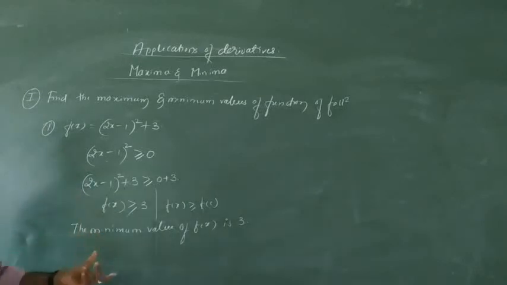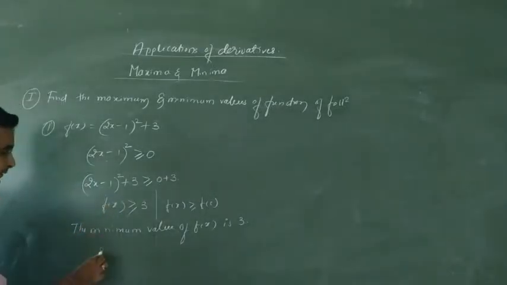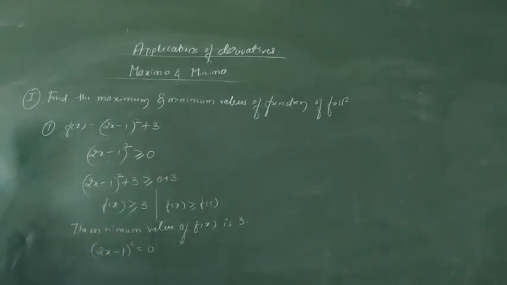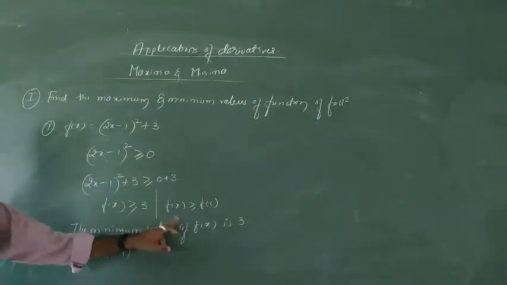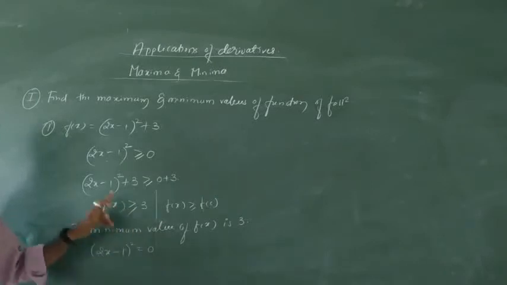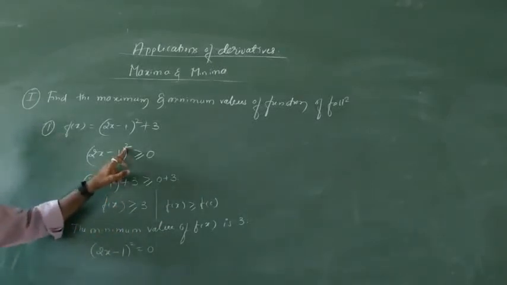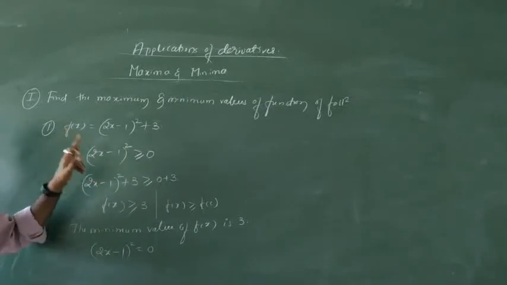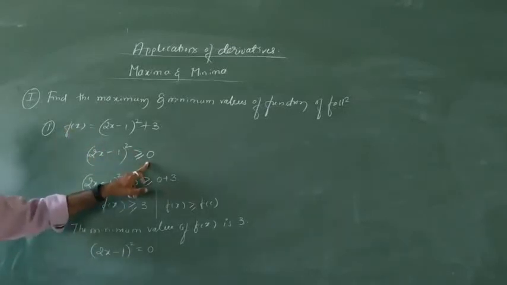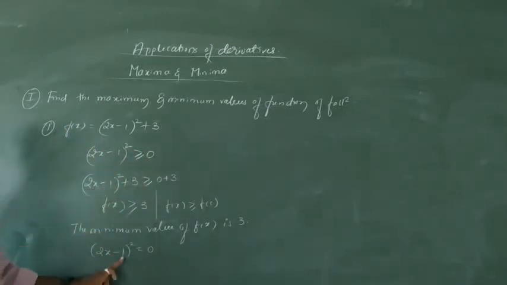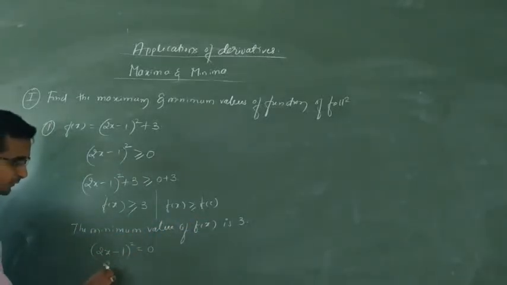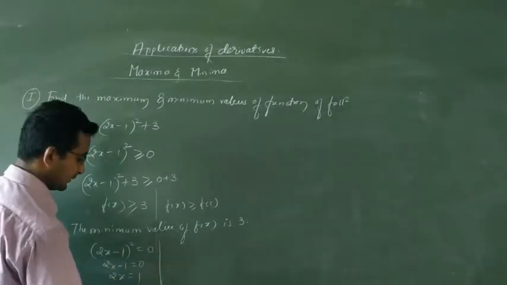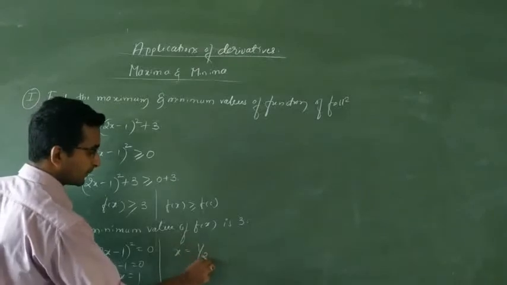When does it become 3? When the square (2x minus 1) whole square is equal to 0. The square function is always greater than or equal to 0, so when the square is 0, then 2x minus 1 is equal to 0, then 2x is equal to 1, then x is equal to 1 by 2.